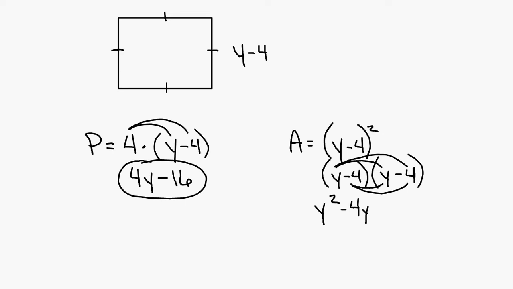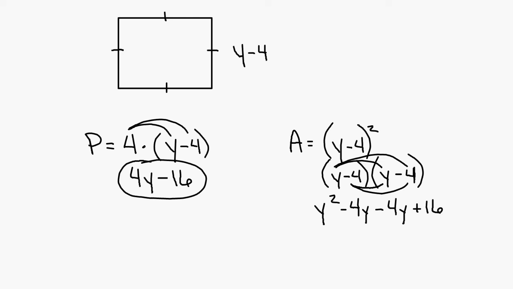Negative 4 times y is negative 4y, and negative 4 times negative 4 is positive 16. The two negative 4y's will simplify.